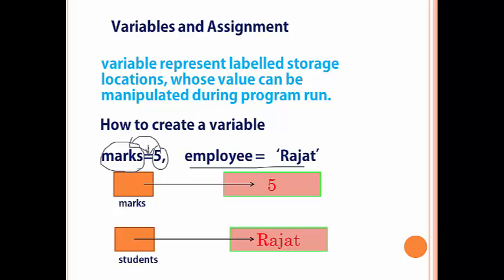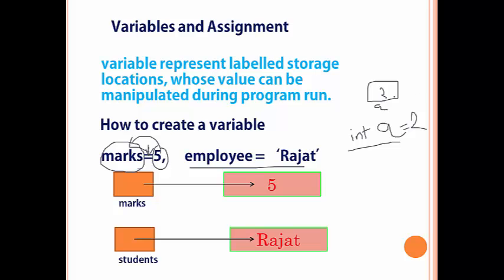So actually what is happening here: in other programs like C++ and Java, if I write int a or int marks, whatever it is, this means I have created a memory location whose name or address is a, and if I write equal to, let's say, 2, I have stored 2 here.